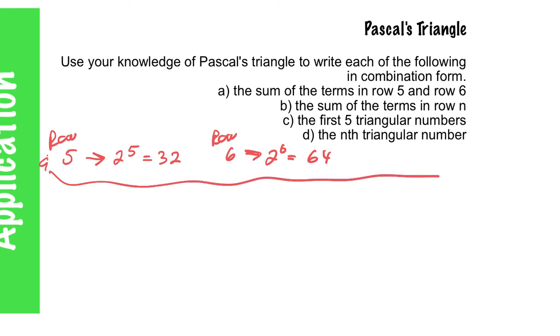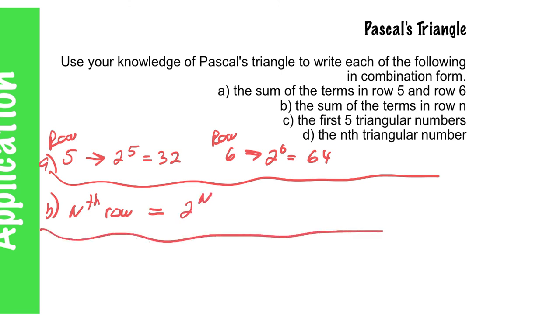Letter B. The sum of the terms in row n. So it's the nth row. Therefore, it would be 2 to whatever n happens to be. Letter C, the first 5 triangular numbers.